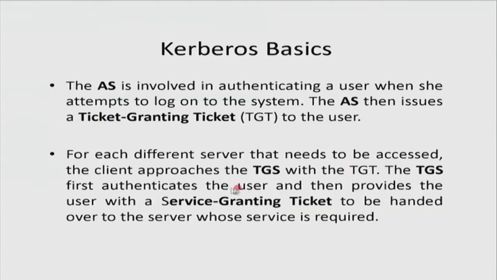The TGS first authenticates the user and then provides the user with a service granting ticket. So it authenticates, but without the use of the password. That's the beautiful part. The TGS authenticates the user and then provides the user with a service granting ticket to be handed over to the server whose service is required.